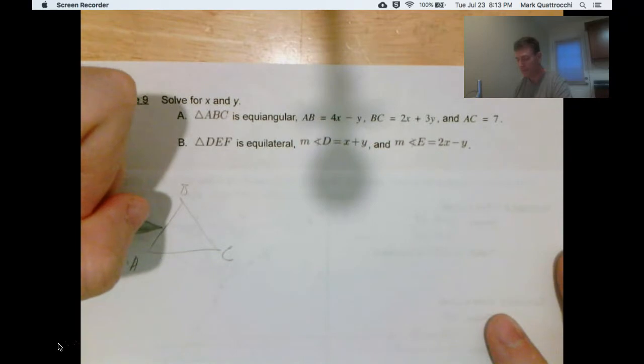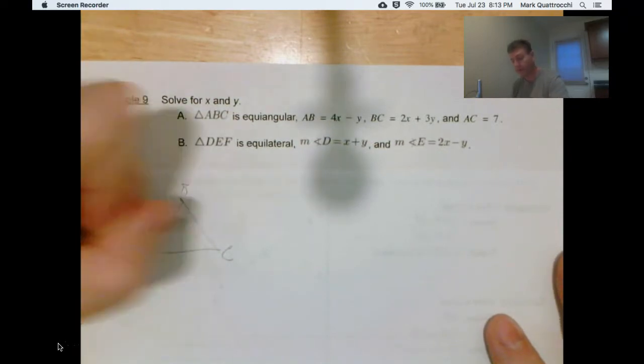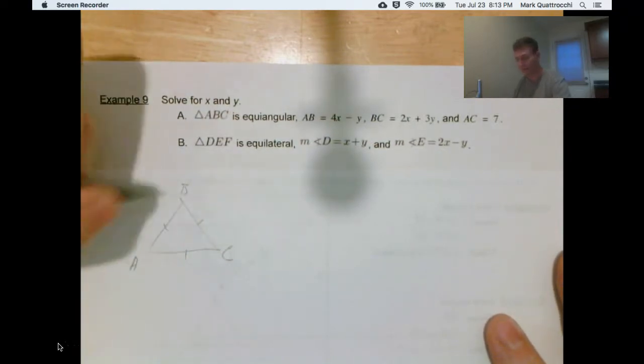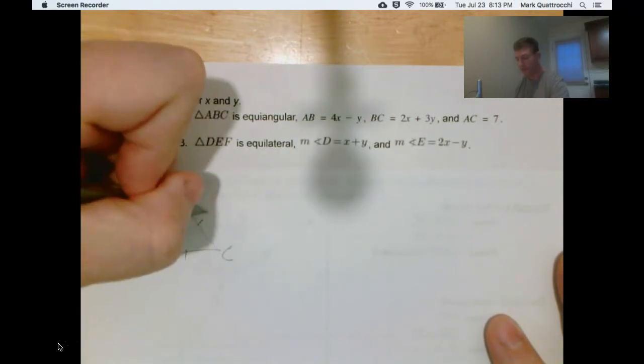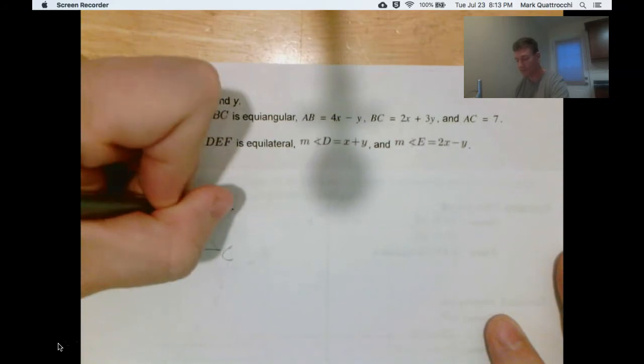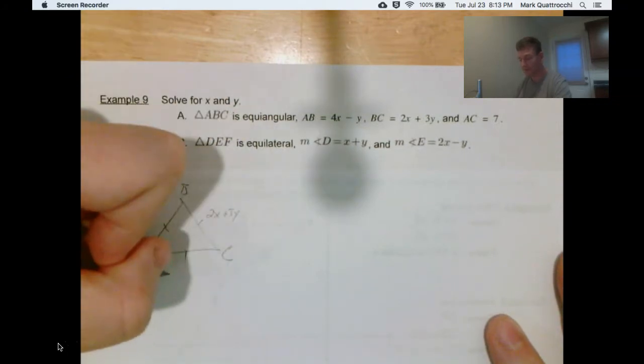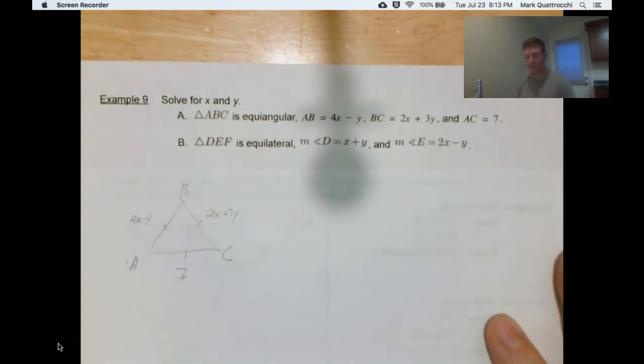If it's equiangular, then it's equilateral. AB is 4x minus y. BC is 2x plus 3y. And AC is 7.